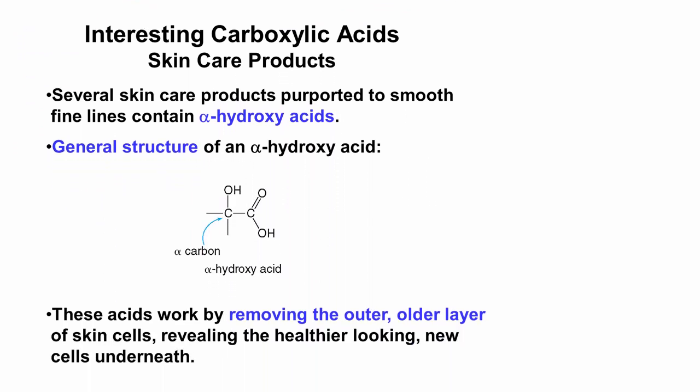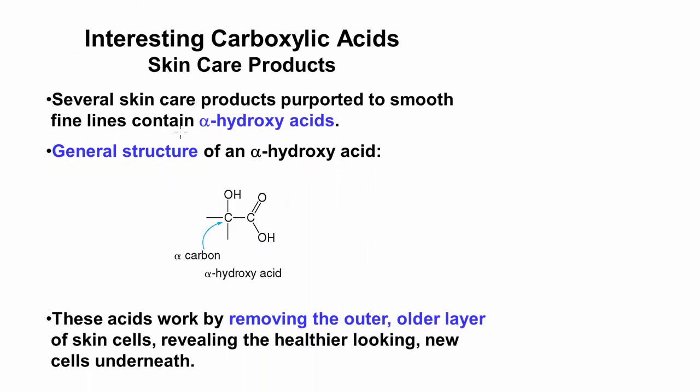Some interesting carboxylic acids are found in skincare products. So for example, the alpha hydroxy acids. This would be an example here, or a general structure for an alpha hydroxy acid. Again, here is the carboxyl group, and the carbon adjacent to that is the alpha carbon, and the hydroxyl group is bonded to the alpha carbon.